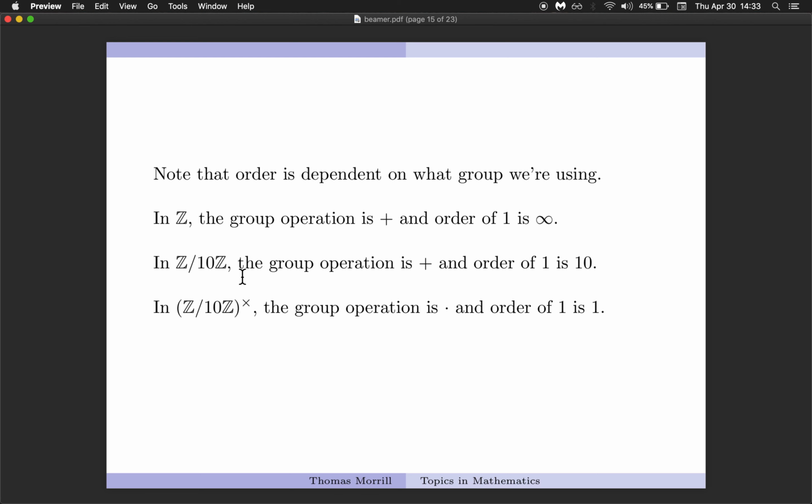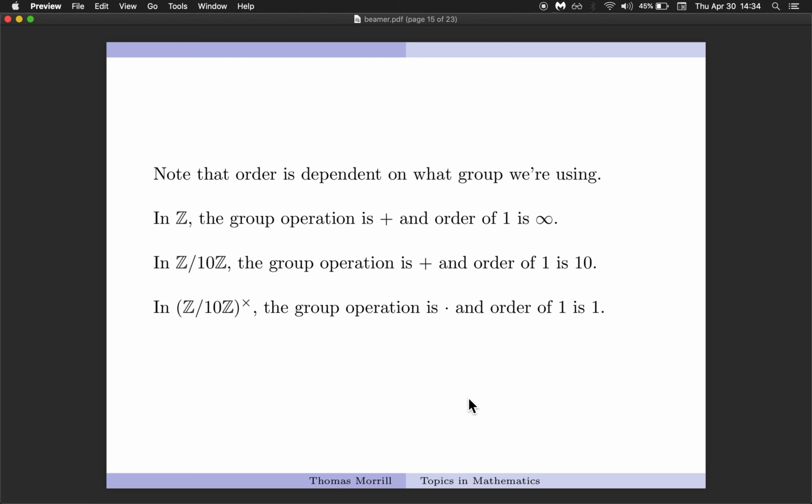And finally, let me change up my context once again. If I look at the units mod 10, and I do know that 1 is a unit mod 10, 1 is relatively prime to 10, so it's going to be one of these residues. The group operation for this set is multiplication. And I'm trying to multiply copies of 1 together until I get the identity element.